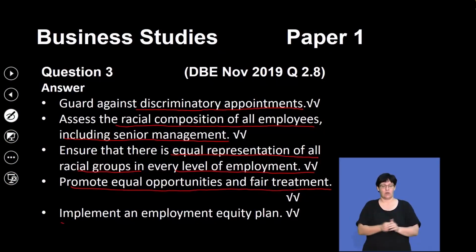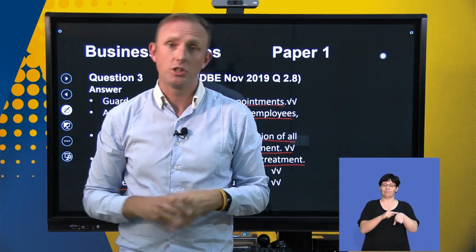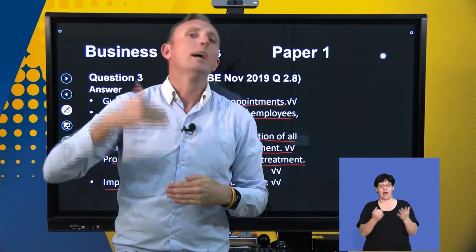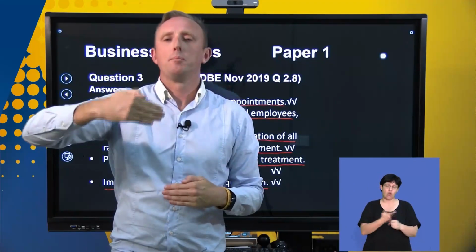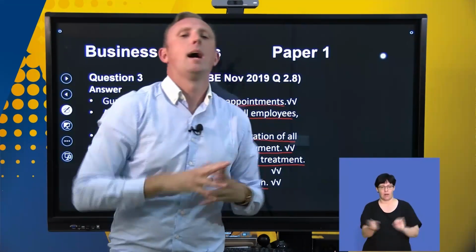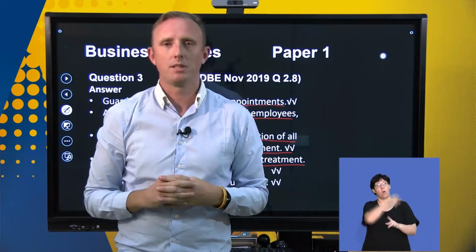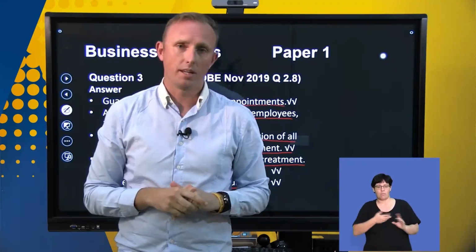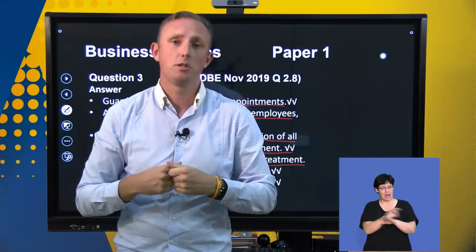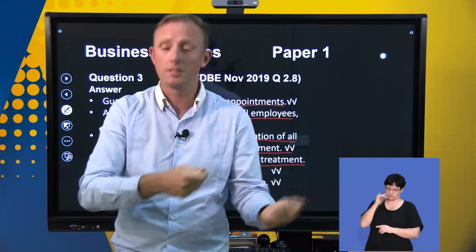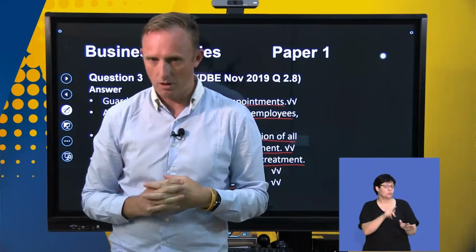And it must implement an employment equity plan, where they say, how are we going to ensure that our business is representative of the demographics of the country? So you have to have a plan. Say, by this year, we're going to employ so many more women in the top management of the company. You're going to have to hand those plans in, and they're going to check those plans to see if you are actually following through on them.